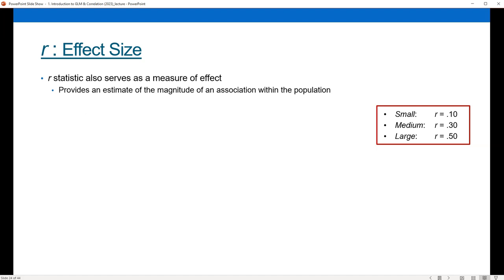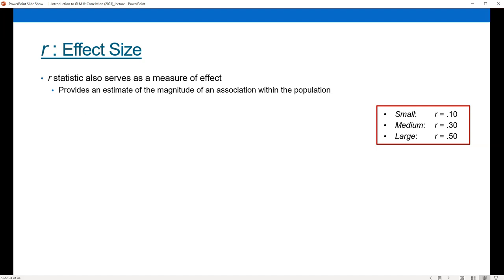Okay, Cohen benchmarks for interpreting small, medium, and large correlations: r equals 0.1, r equals 0.3, r equals 0.5. These are very broad conventional benchmarks, but remember that the magnitude of effect is always going to depend on context. There are going to be some situations where a correlation of 0.1 might be pretty impressive, right?